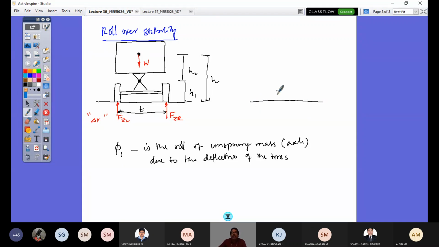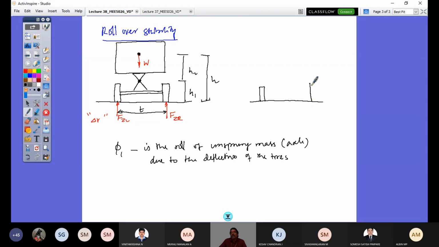See, it takes the right turn, and the deflection on my left wheel would be more than that of the right. So I would have this tire height smaller compared to this. I'm drawing an exaggerated diagram. These angles are very small.